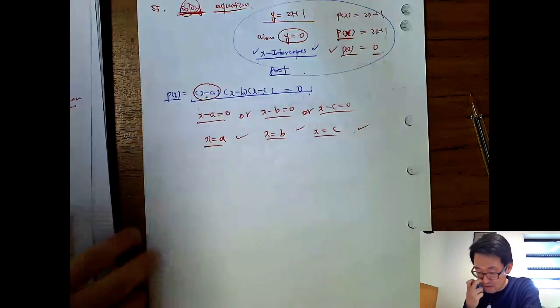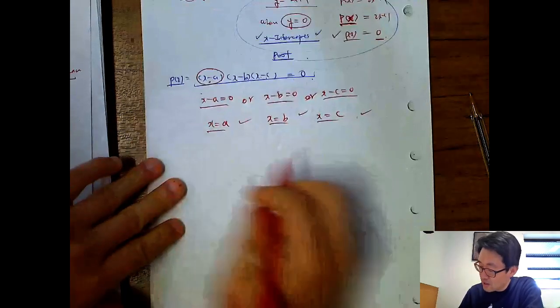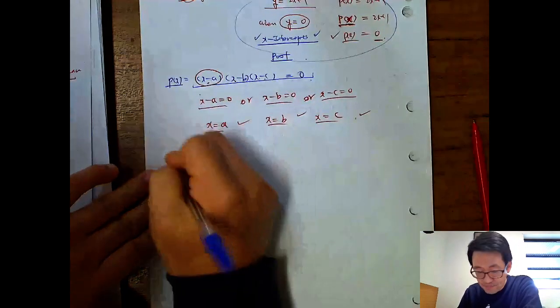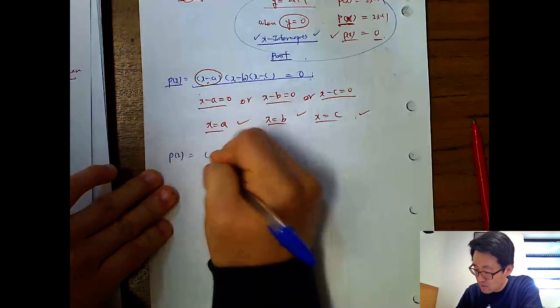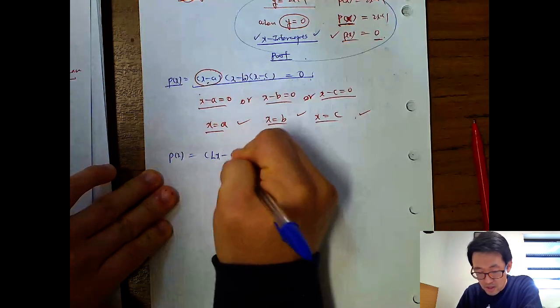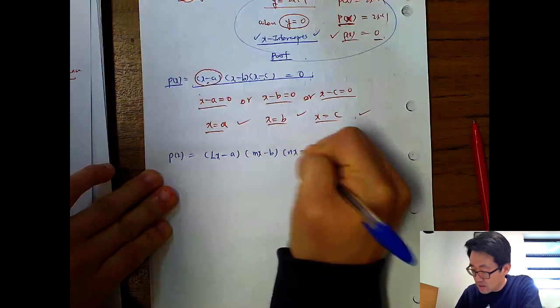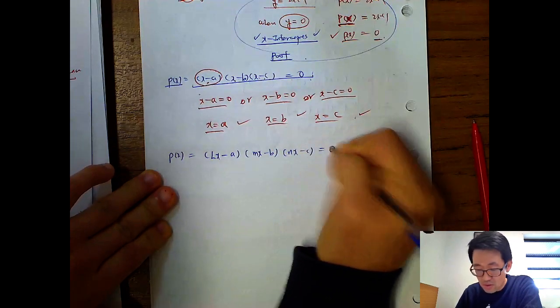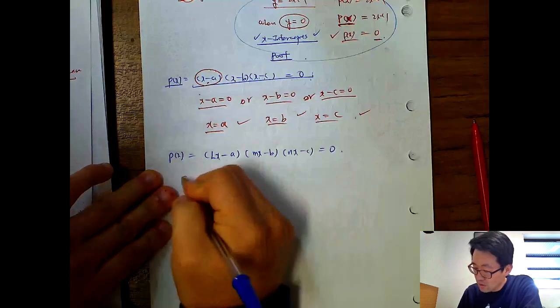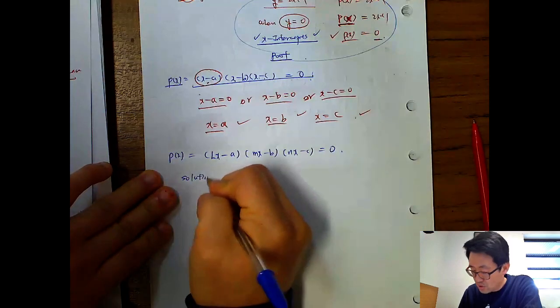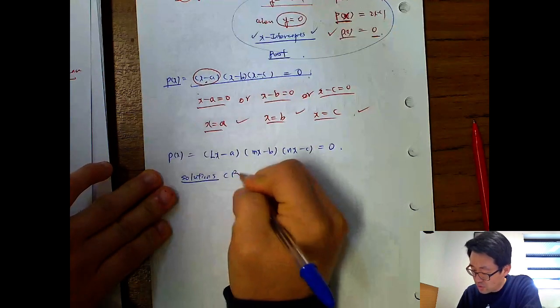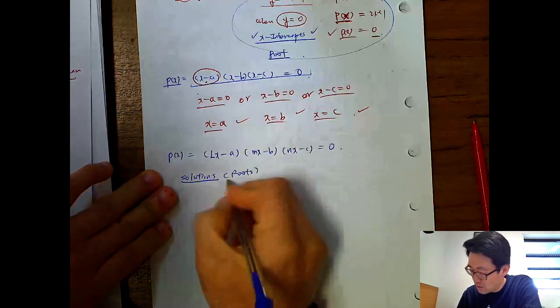So nothing special. And what about this case? P(x) equals (Lx minus a)(mx minus b)(nx minus c) equals 0. So solutions, roots, same language, yeah.